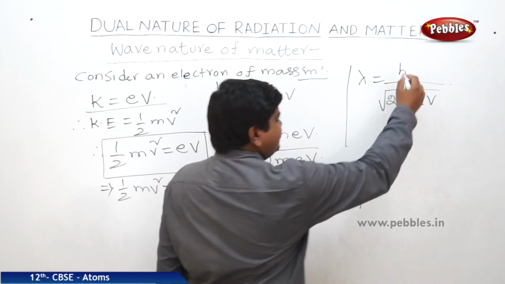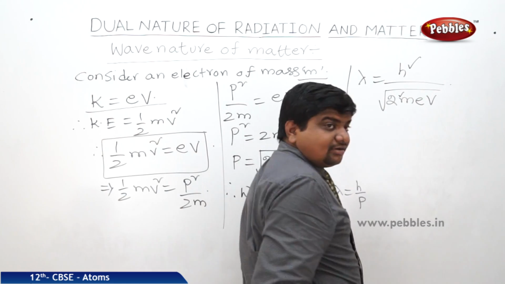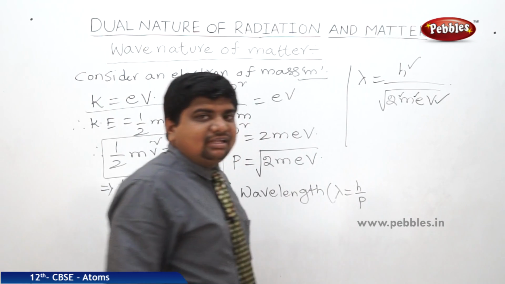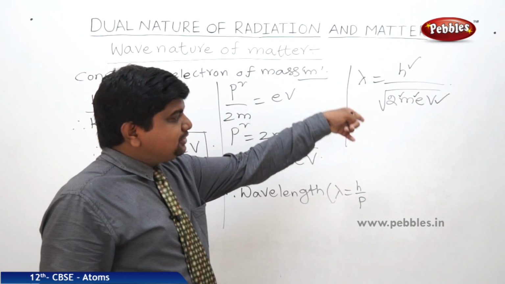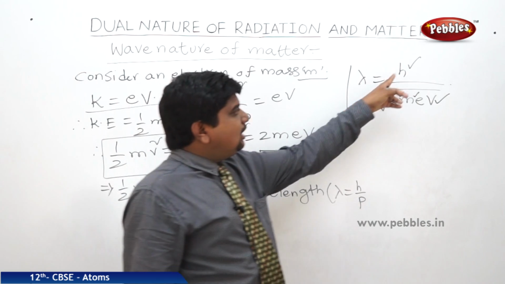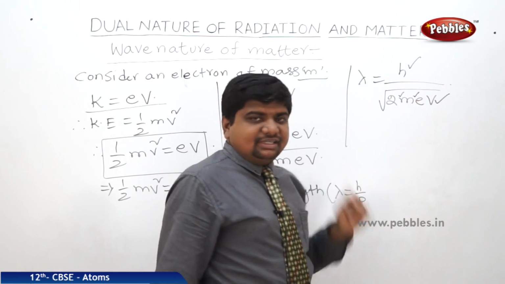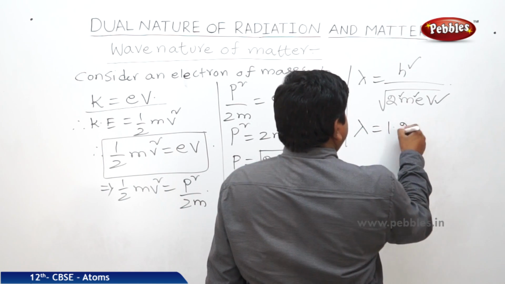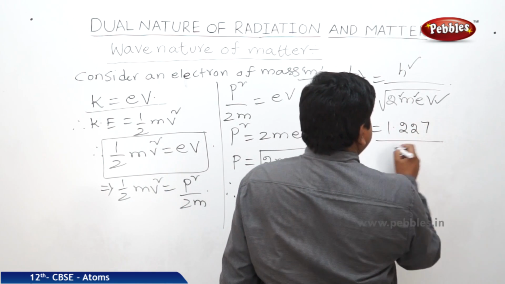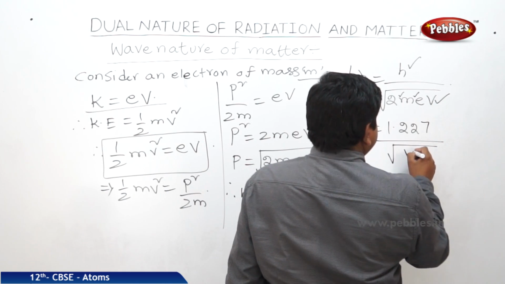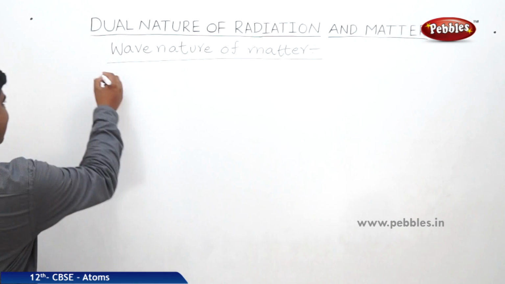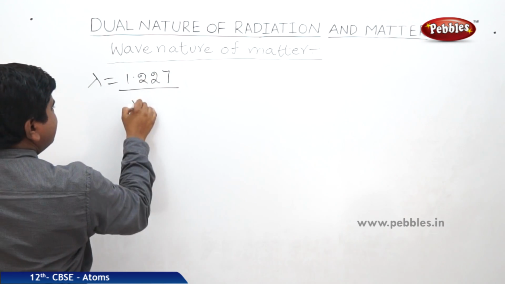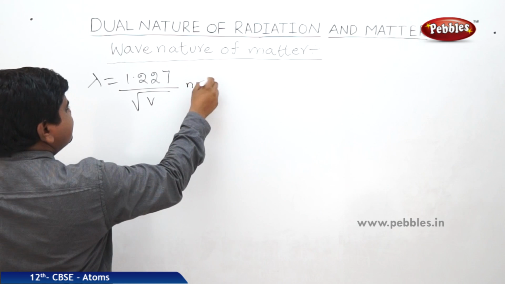h is Planck's constant, m is the mass of the electron, e is the charge of the electron, and V is the potential through which the electron is passing. If you substitute all the constants in this equation, we get lambda is equal to 1.227 by root V nanometers.